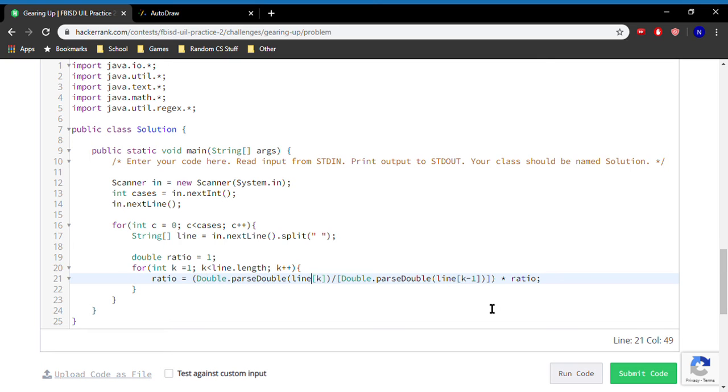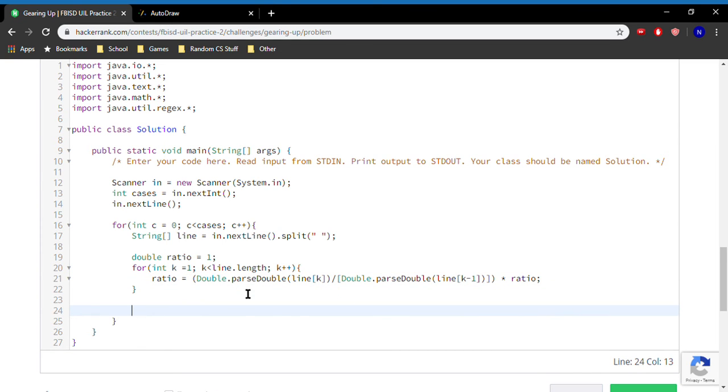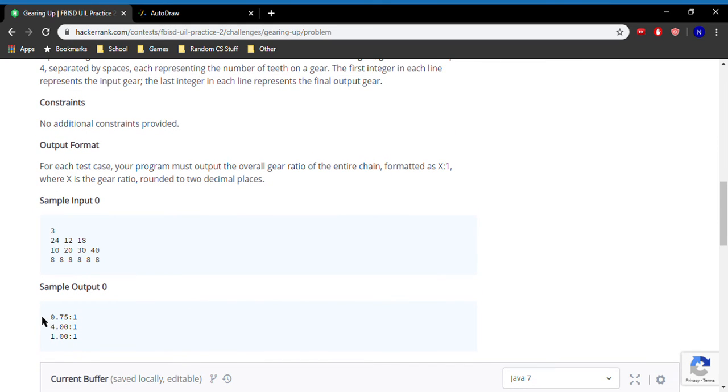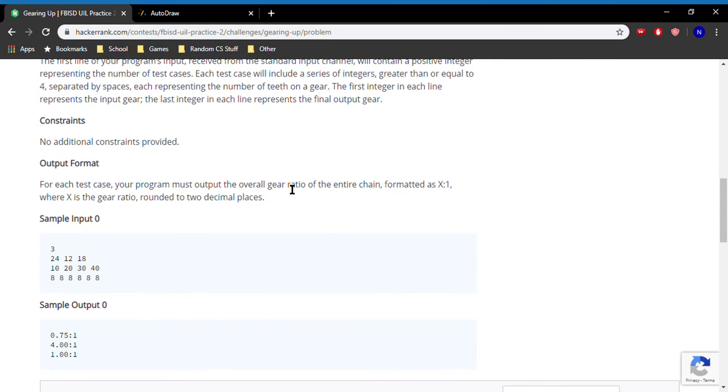So I think it's just easier to parse it as a double. So this takes the first gear, and then this will look at the gear right before it, divide it, get the ratio, and then multiply that ratio for the pair by the running ratio that we had for the chain.